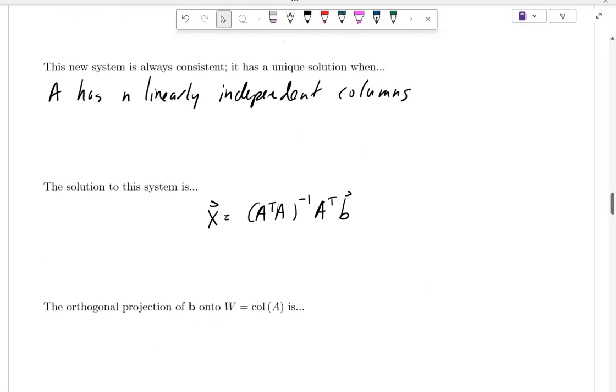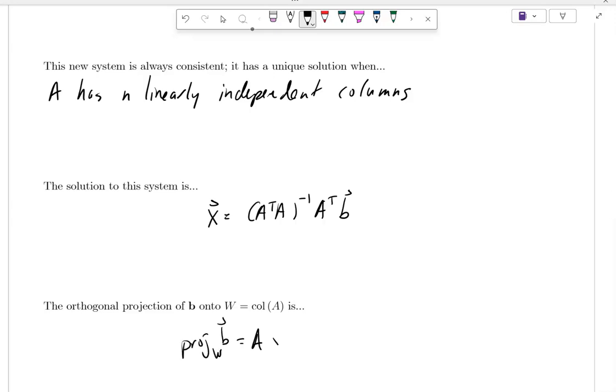Well, that's just going to be, I take my original matrix A and multiply it by that least squares solution. Just plug it in. Just multiply that whole thing by A on the left and you get the projection. In particular, it's this formula that we're going to want to use to figure out a least squares solution when we're given, say, data.